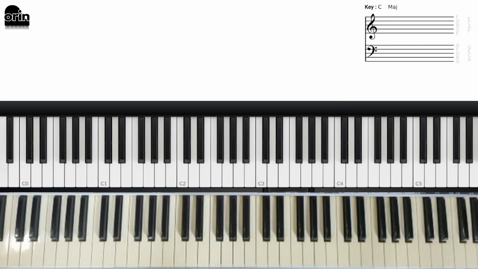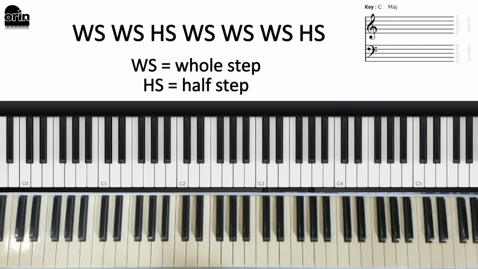Okay, for the diatonic major scale, the formula is whole step, then half step, then whole step, whole step, whole step, half step. So let's build a major scale on C now.